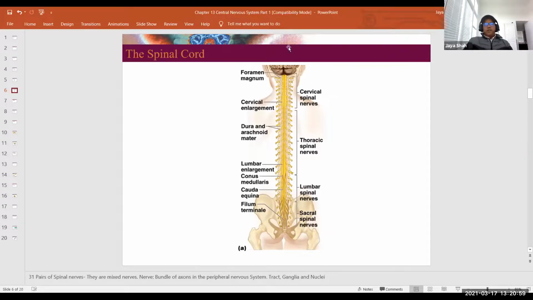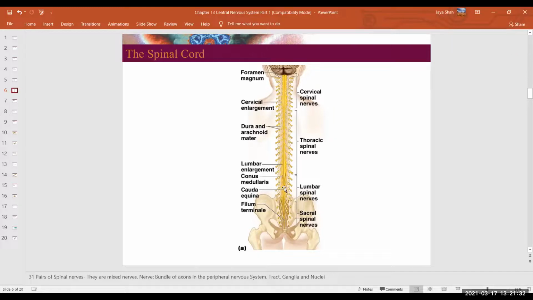So to give a lot of spinal nerves and make a plexus, brachial plexus, to the upper limb, that's why you have cervical enlargement. And then from the lumbar region, a lot of spinal nerves exit from your spinal cord, make a bundle like the sciatic nerve and go to your lower limbs. That's why they have enlargement in the cervical and lumbar area. Okay.